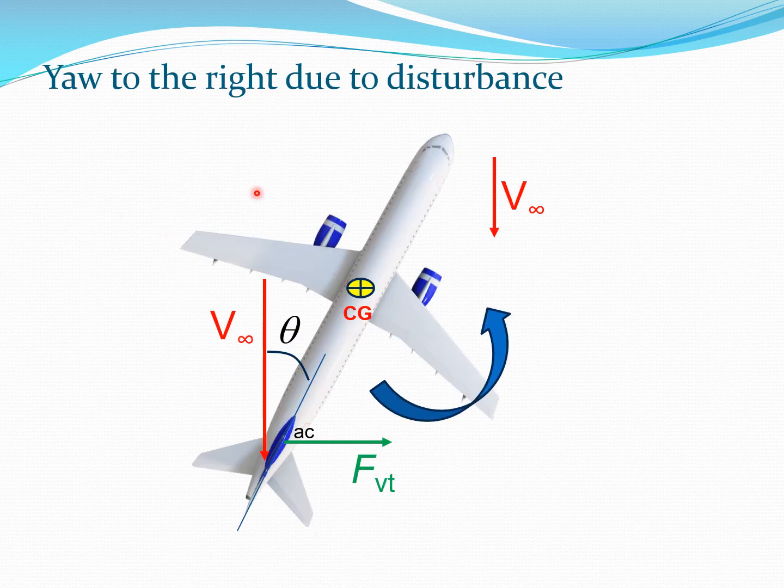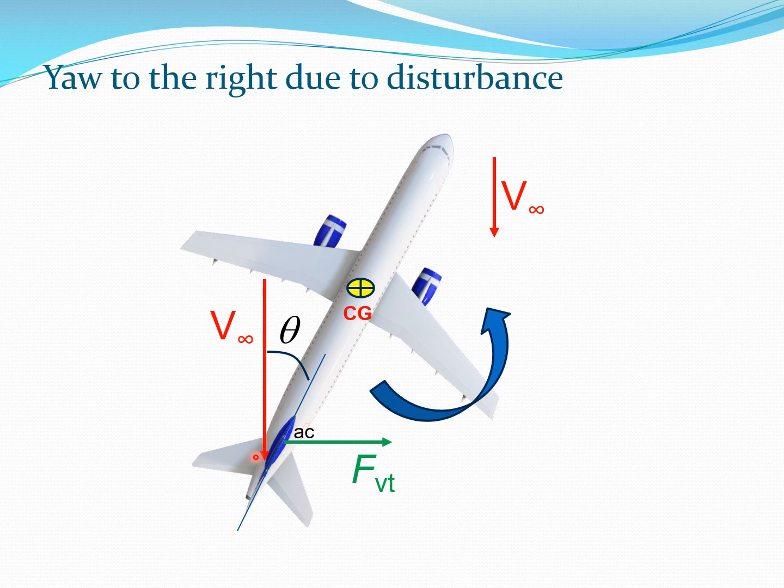Now let's presume there is a certain condition under which the aircraft moves to the right, due to some disturbance. Therefore the velocity now comes in this manner. If we look at the velocity coming from the front and how it impinges on the vertical tail, we can clearly see that the vertical tail is going to be at an angle theta with respect to the velocity.